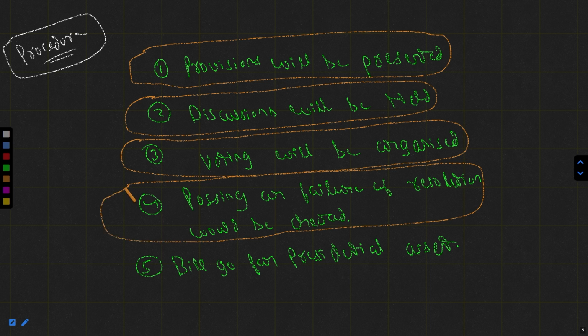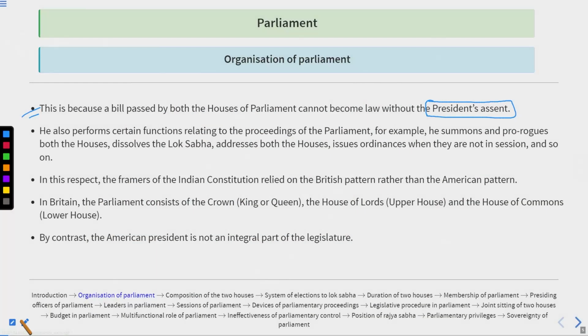If there are enough votes in favor, the resolution would be passed. If there are not enough votes in favor, then the provision would fail. After getting passed by the houses, this provision will go for presidential assent. Until the presidential assent is granted, the provision cannot become an act.